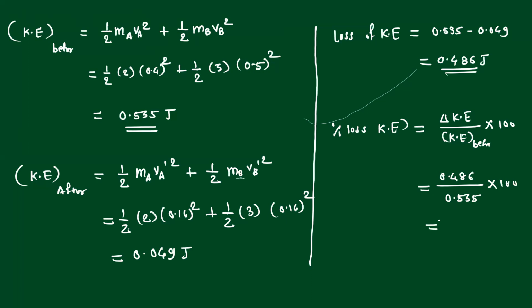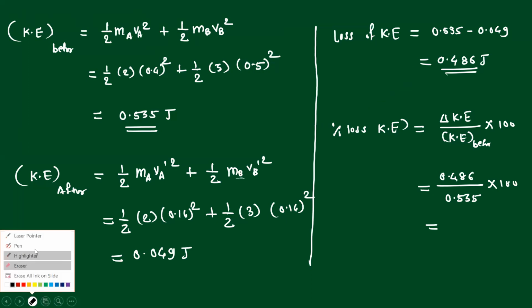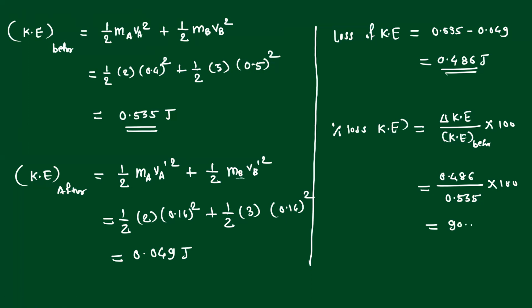So this value is 90.84 percentage. So when E is equal to 0, the loss of kinetic energy is 90%.